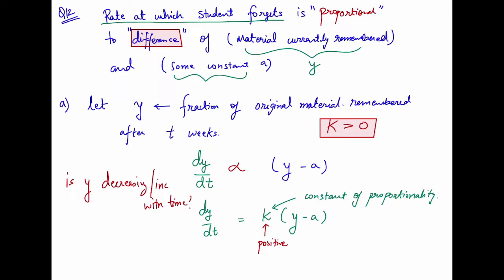They've also told you in the question that the constant a is positive, and it's always less than y. If a is always positive and less than y, what will y minus a be, positive or negative?